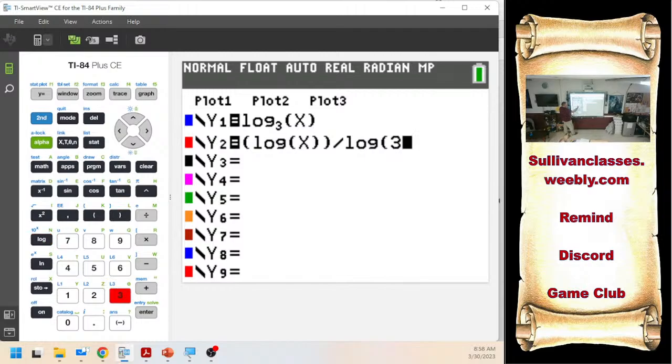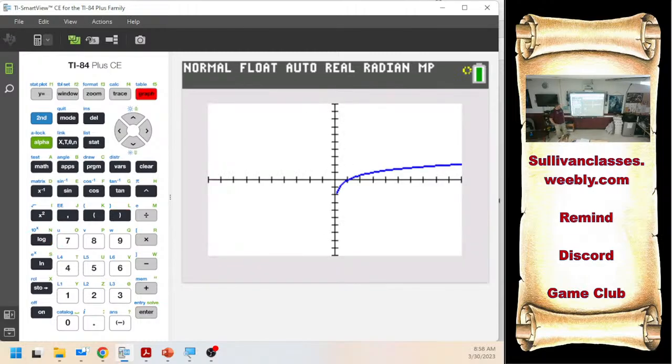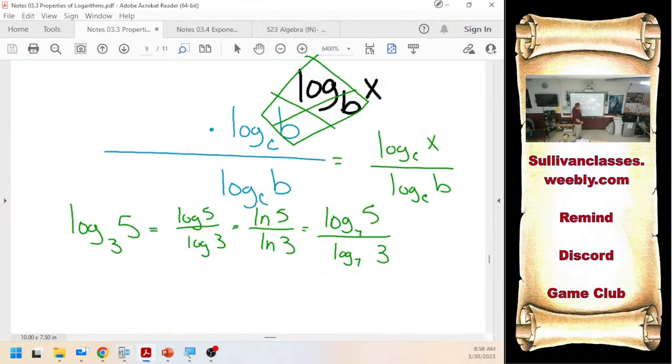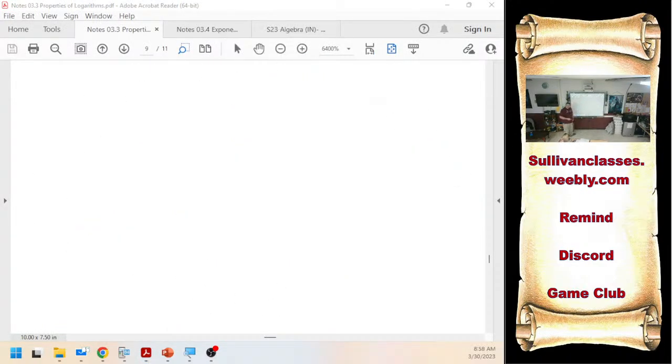I suppose I didn't need that first set of parentheses, but you get the idea. And now I should see the exact same graph. Okay, so this is the ancient magic. If you got a log base button, the only reason you have a log base button is it's just doing the change of base formula in the background.